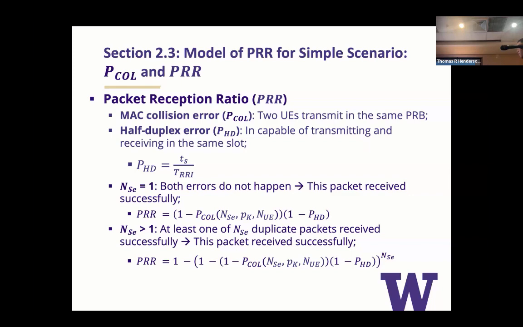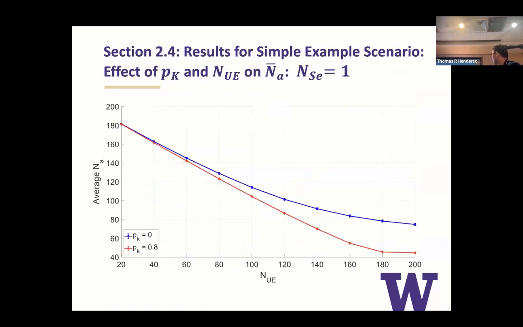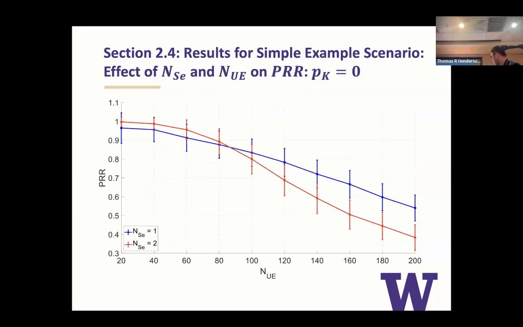And then we can find the cross point. The cross point indicates the number of UEs at which the PR in the two cases is equal, right? Okay.